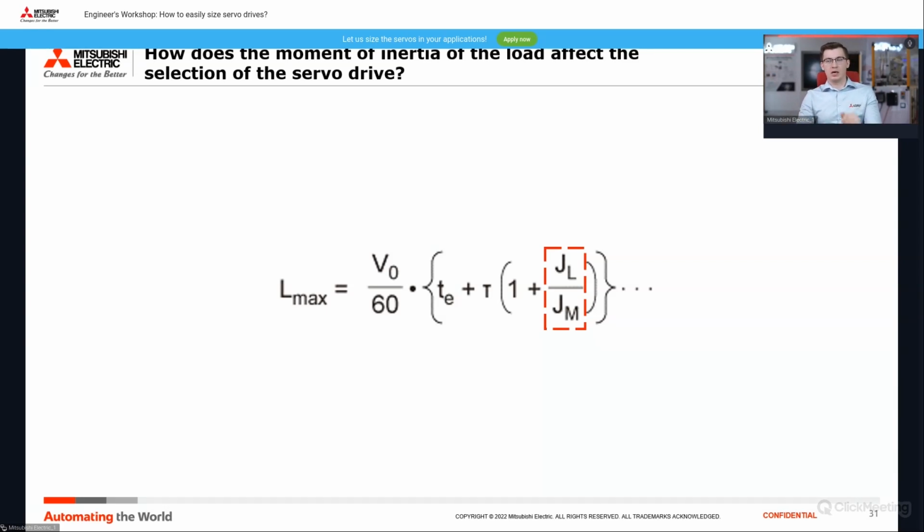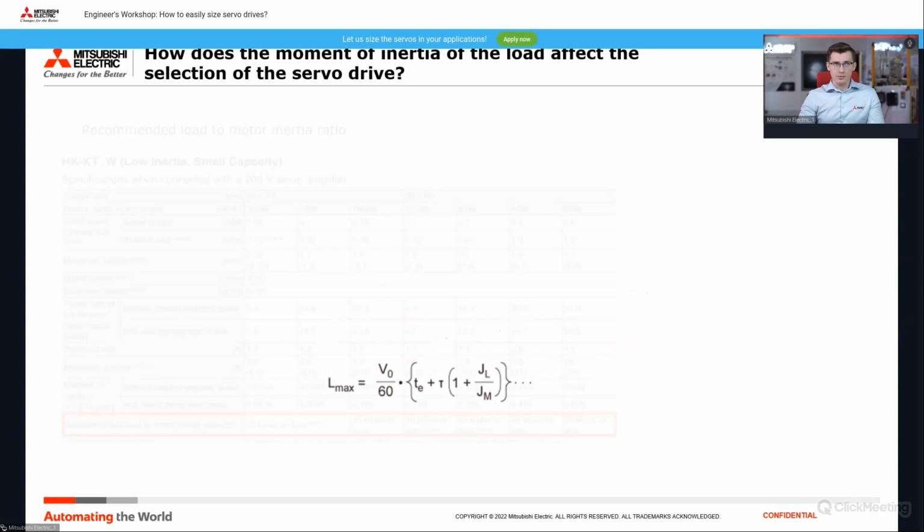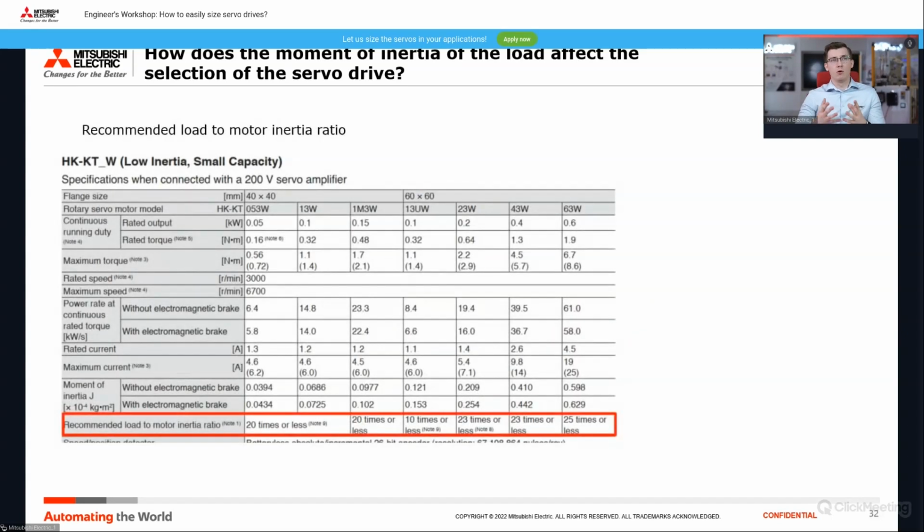So how quickly it will stop. As you can imagine, the bigger the inertia of the load, the longer it will take to stop the motor. So the inertia of the load, the inertia of the motor, and to be precise, the ratio between them is very important. And this ratio is called the recommended load to motor inertia ratio.